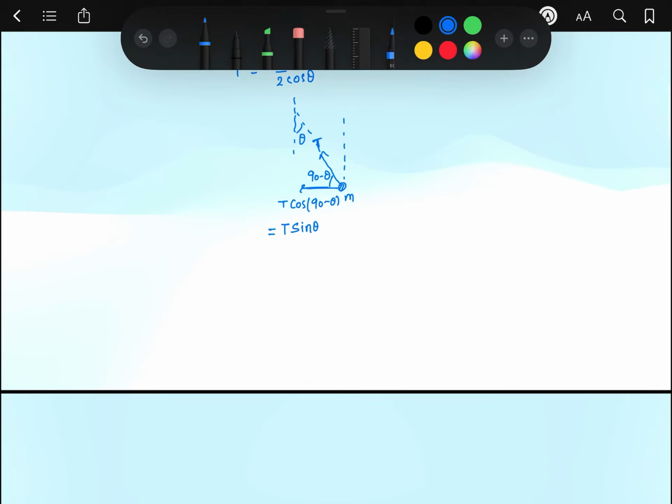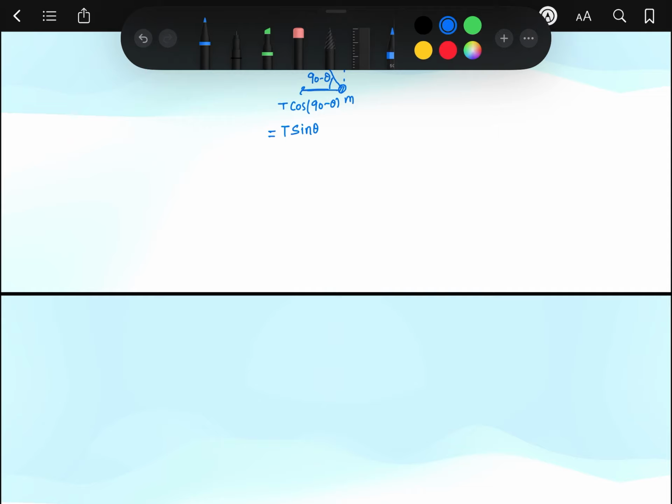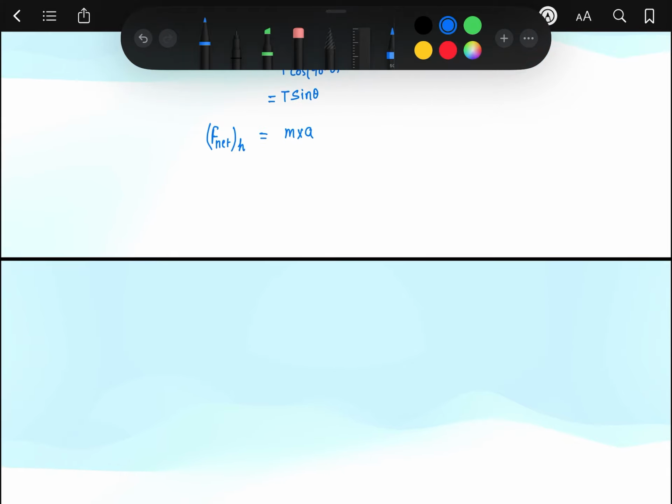This is the force which is providing the acceleration to this mass m. So we'll write the equation of motion for this mass m: F net in the horizontal direction is equal to mass into acceleration of this body m. So F net in the horizontal direction is T sin theta, which is equal to m into a.